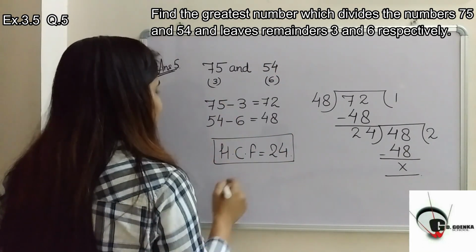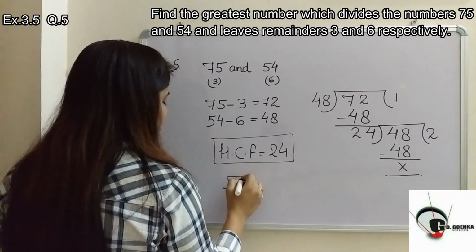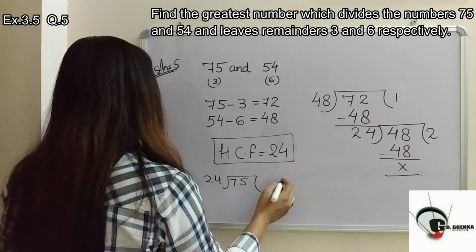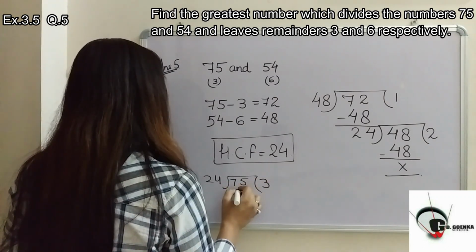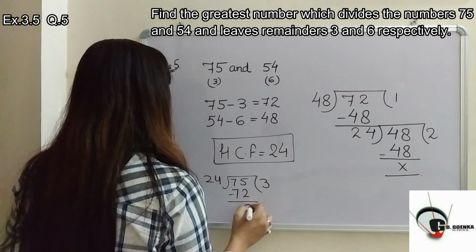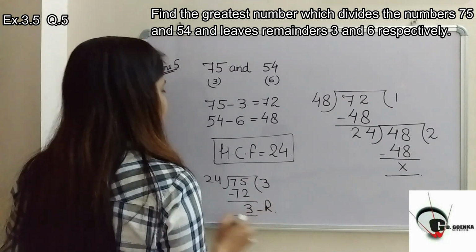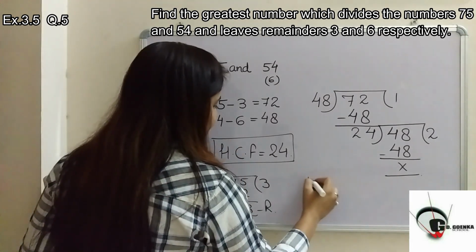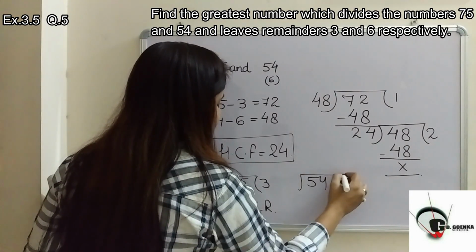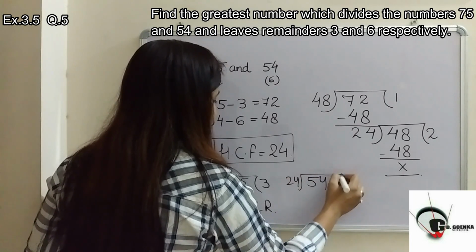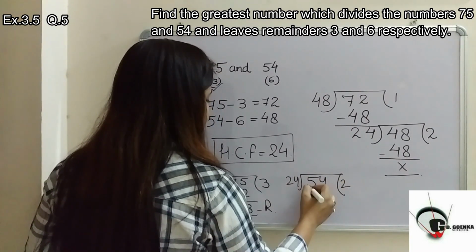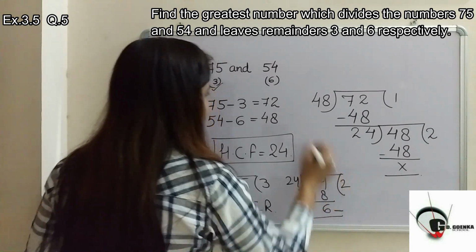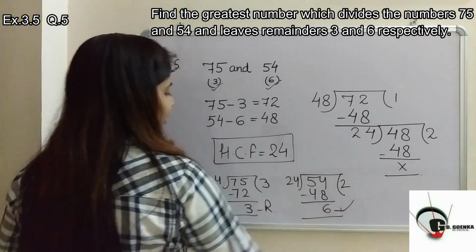If I divide 75 by 24, 24 threes are 72, and I get the remainder 3, which is correct. Second is 54. If I divide 54 by 24, 24 twos are 48, and the remainder is 6, which is also verified.